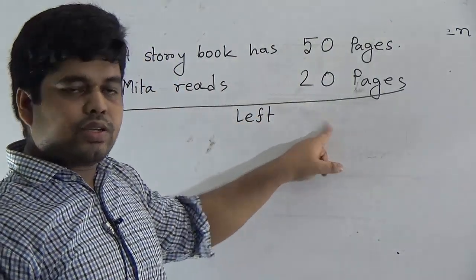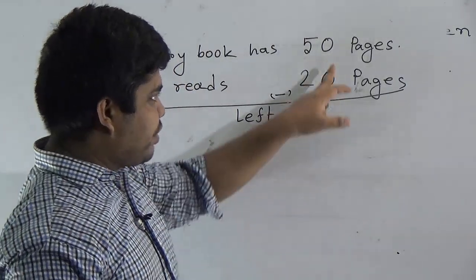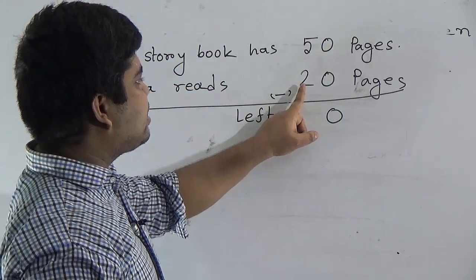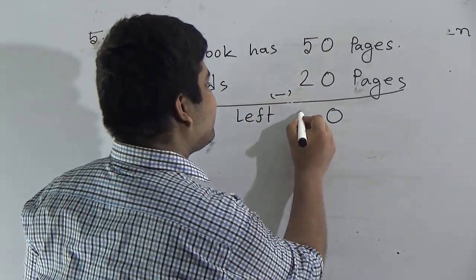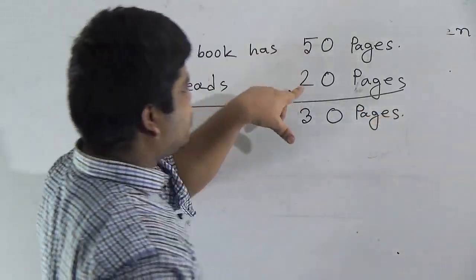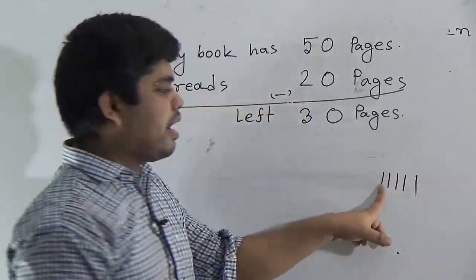how many pages? We do subtraction, that means we give here a minus sign. If we subtract 0 from 0, then we get 0. If we subtract 2 from 5, then we get 3. You can also subtract 2 from 5 this way: 1, 2, 3, 4, 5. Here 5 sticks.